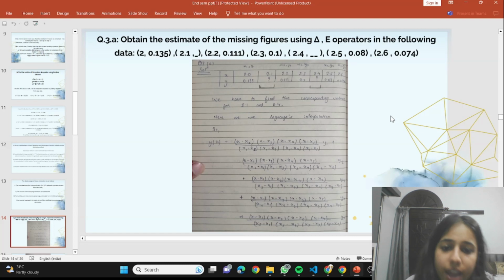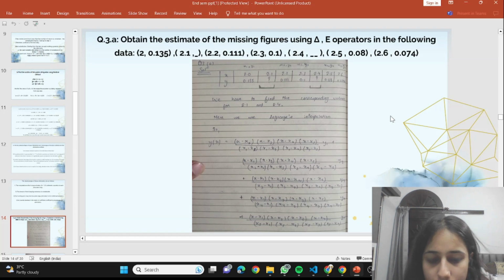y(x) is equal to (x minus x2)(x minus x3)(x minus x4)(x minus x5) upon (x1 minus x2)(x1 minus x3)(x1 minus x4)(x1 minus x5), into y1, plus (x minus x1)(x minus x3)(x minus x4)(x minus x5) divided by (x2 minus x1)(x2 minus x3)(x2 minus x4)(x2 minus x5), whole multiplied by y2.